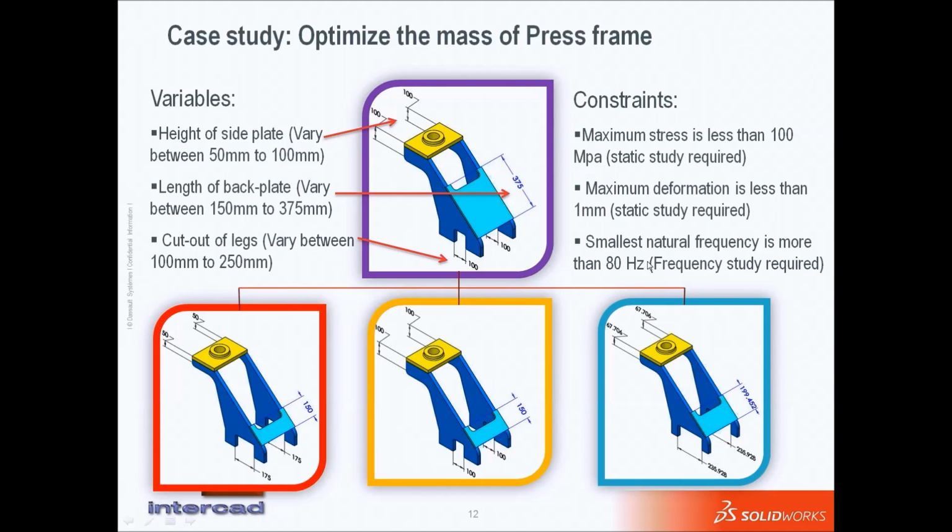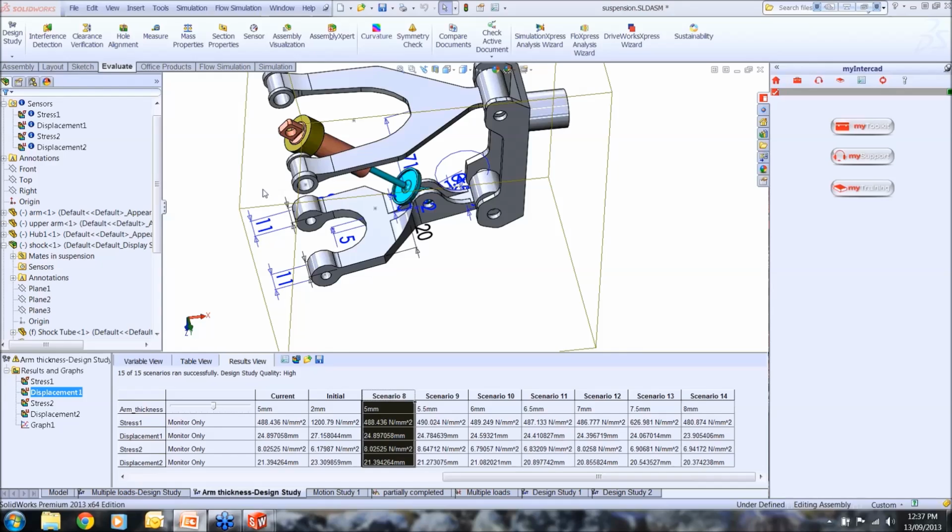With all these conditions, we understand that we have to create an initial static case and an initial frequency case for our initial model. Then we define a design study and tick optimize, specify the variables, goals and constraints, and then we can review the result. All right, let's go to the case study.